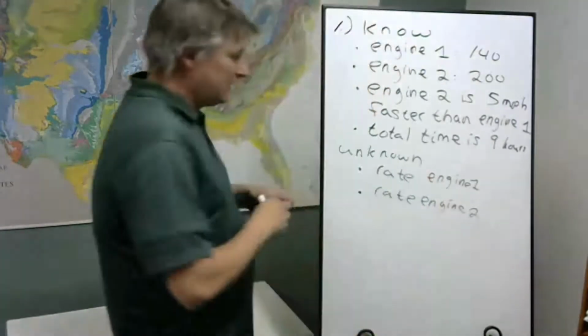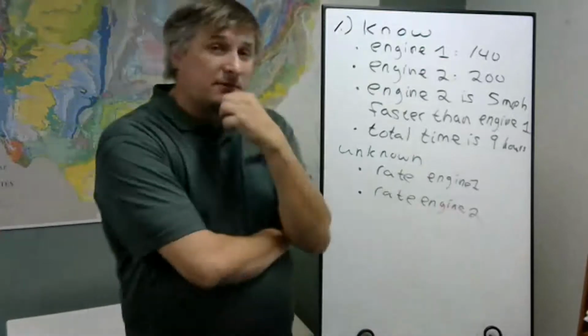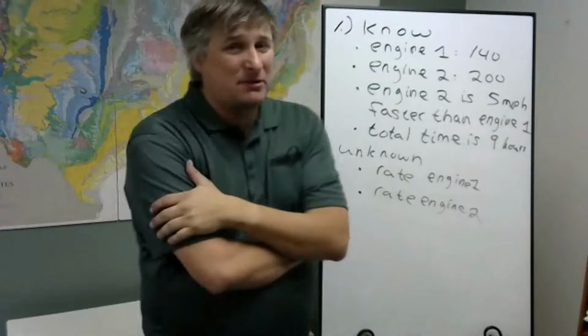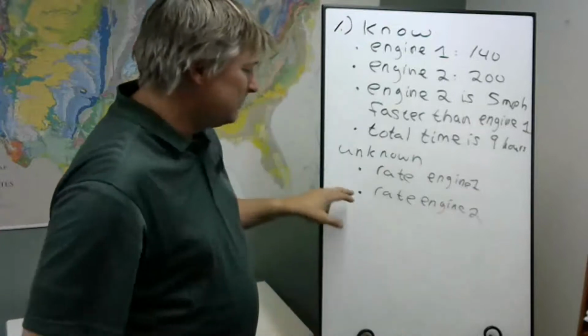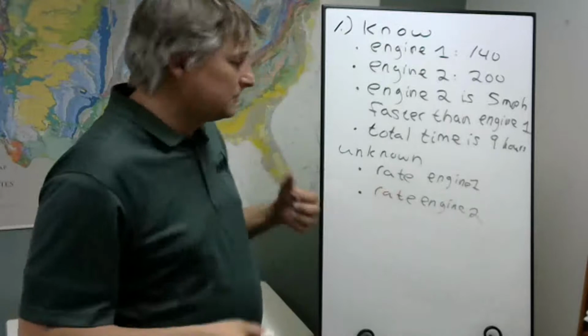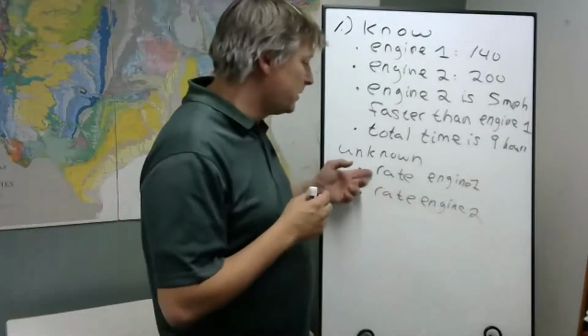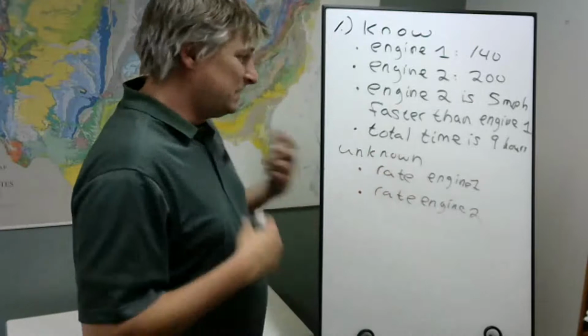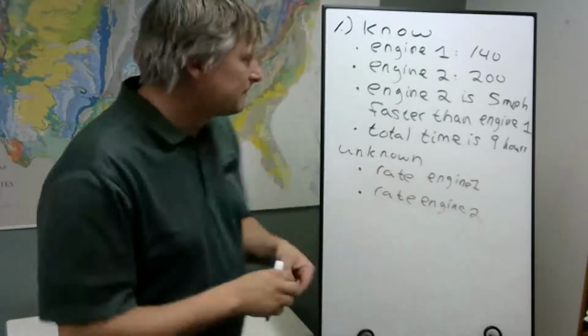So we have the rate for engine 1 and the rate for engine 2. Now, we actually know something about engine 2, though. We know it's 5 miles per hour faster than engine 1. So what that tells us is if we know engine 1, we'll automatically know engine 2. So engine 1 seems to be pretty critical.